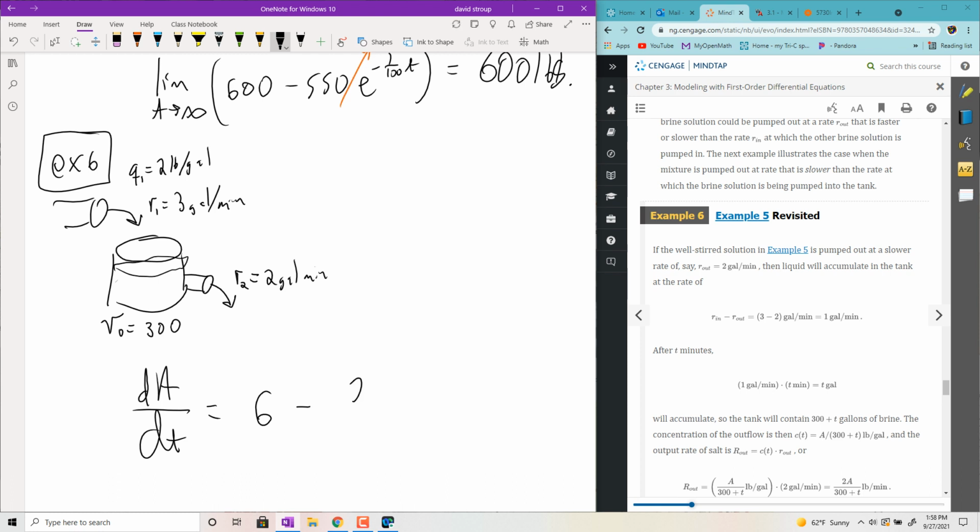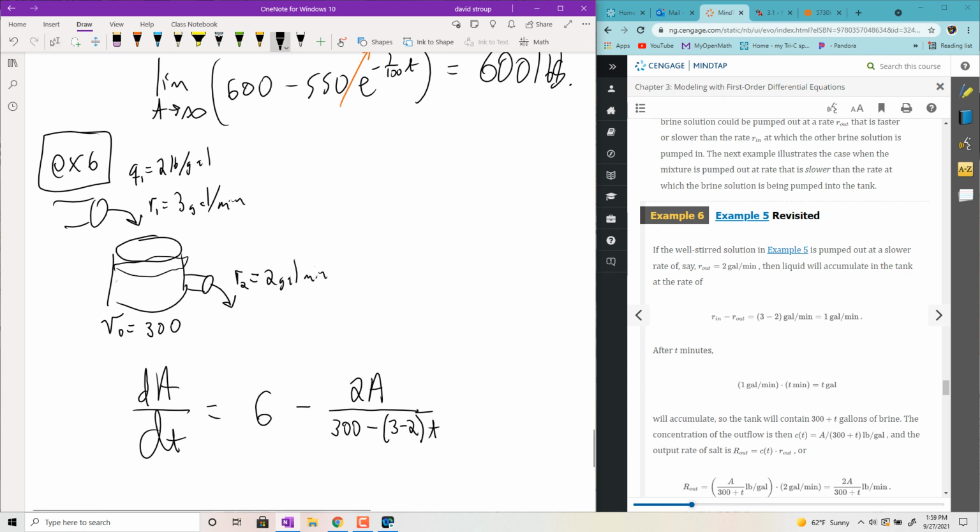It'll be 2 times A all over V sub 0, which is 300, minus 3 minus 2, t. If you think about it, at every minute there's going to be an extra gallon of mixture going into the tank, because only 2 gallons are going out, but 3 gallons are coming in.